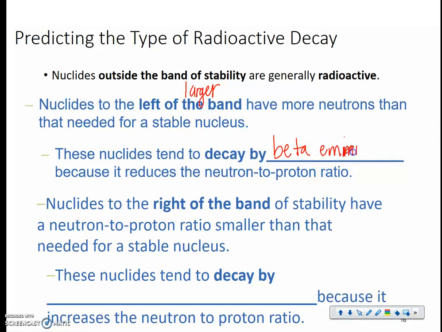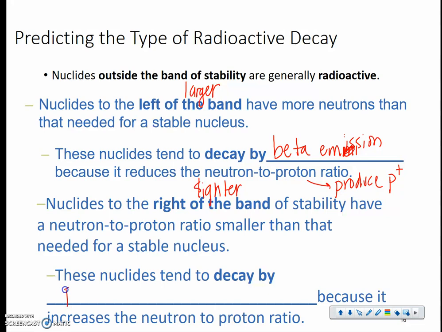That's going to reduce the neutron to proton ratio because we're going to produce more protons in this beta emission process. To the right of the band of stability, they are lighter than the stable counterparts. So we want to increase that neutron to proton ratio.